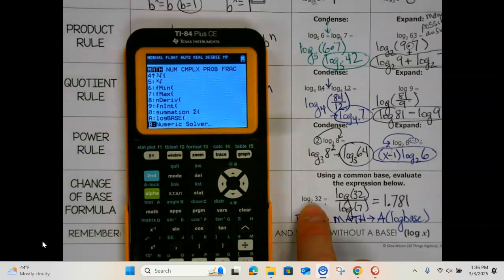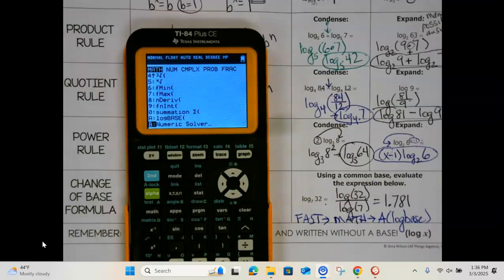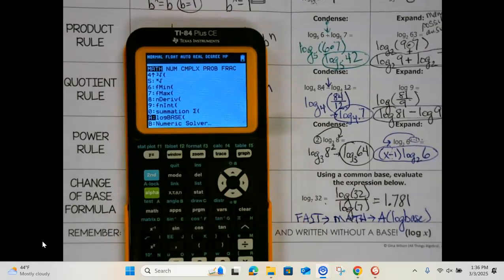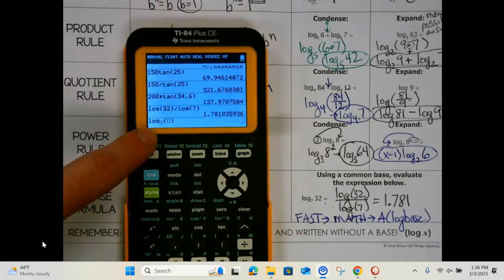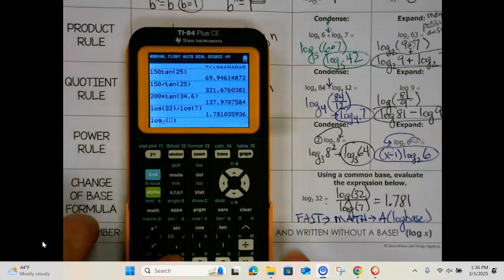You can type it in exactly the way you see it in the problem.